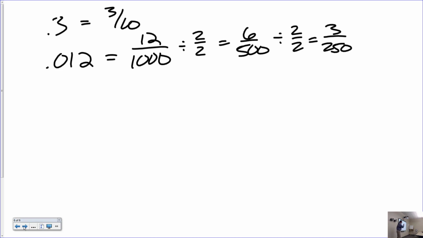Now, one of the things that I like to show students just to be safe, instead of necessarily looking at where the number is, the other way that you can do this is to write the number that you have right here as the numerator. Whatever number this is, it goes up in the numerator without the decimal point.